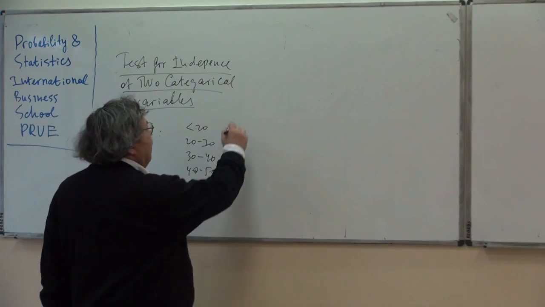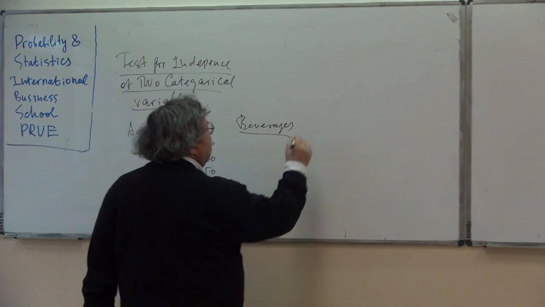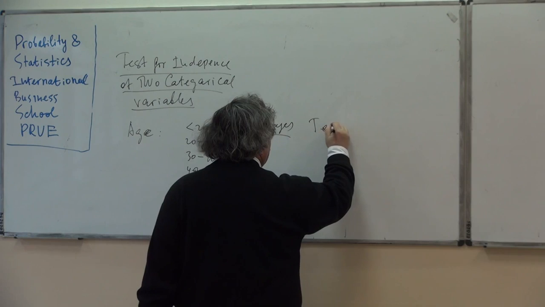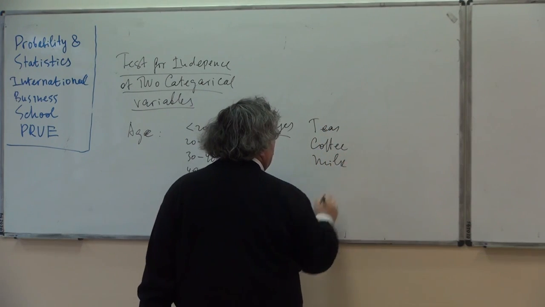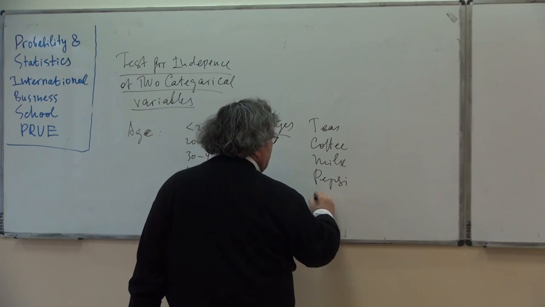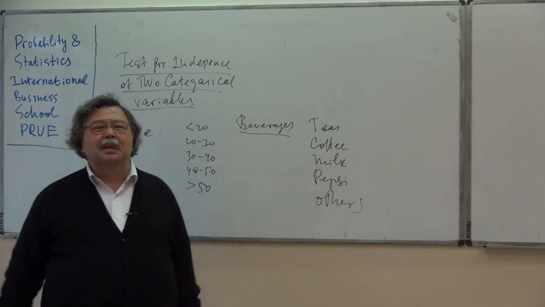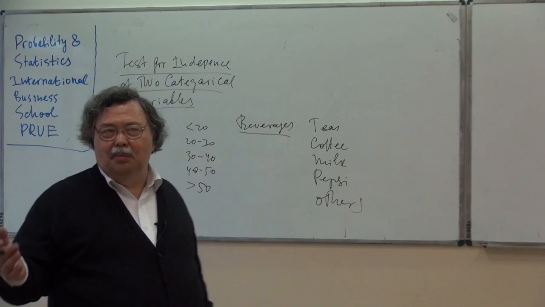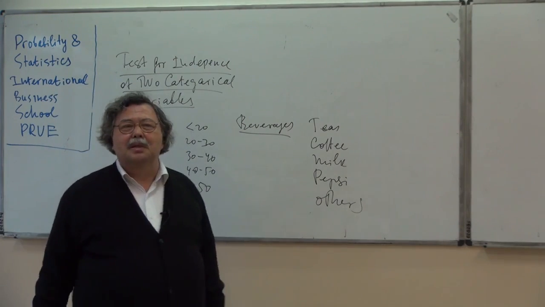And beverages, well, tea, coffee, milk, Pepsi, and others. Well, I don't know what to mention here. What beverages, well, tea probably is the most common beverage, but I'm not sure about the rest of these.